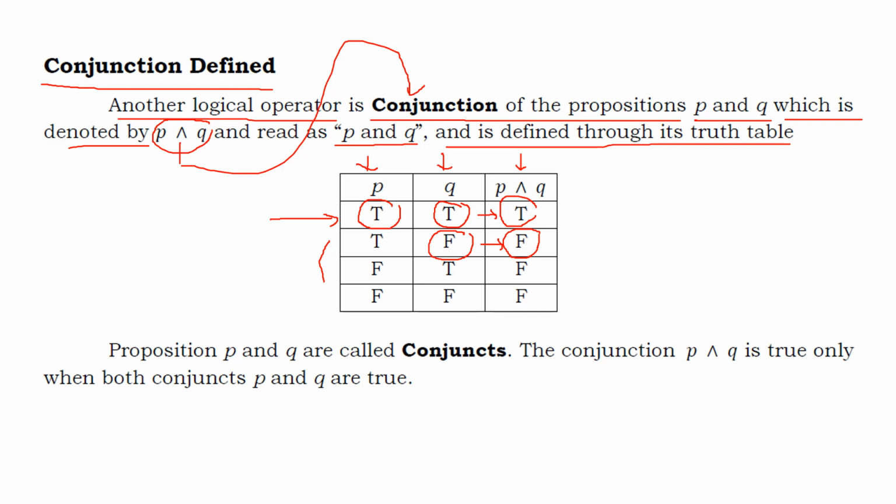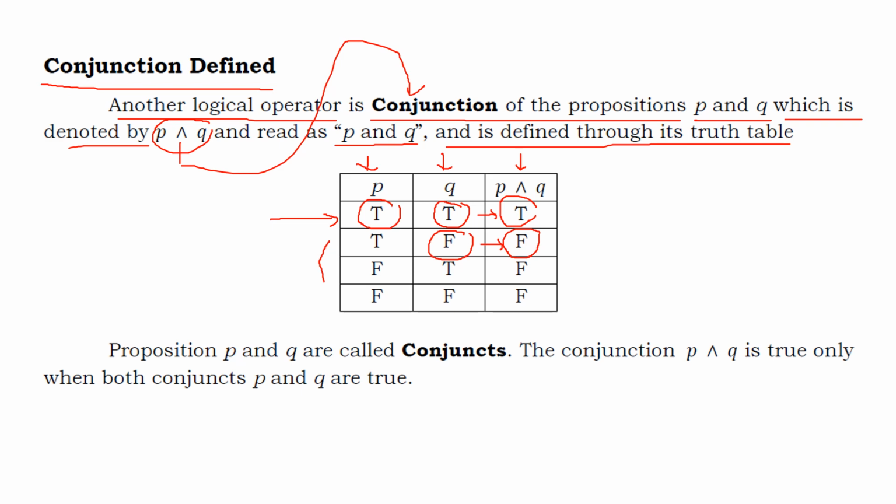As long as at least one of them is false, the resulting truth value, as we use conjunction as your logical operator, is false.